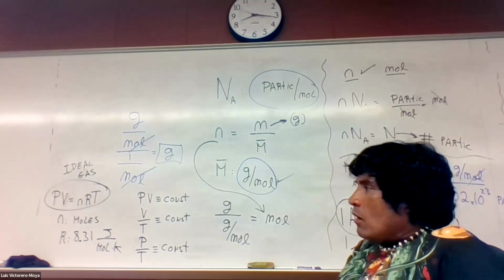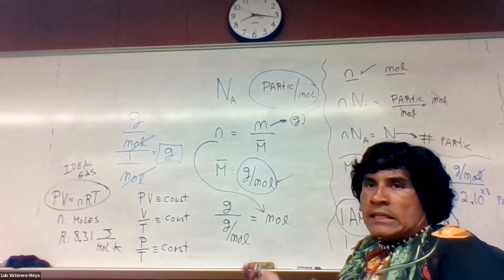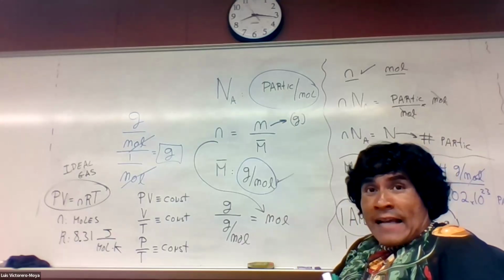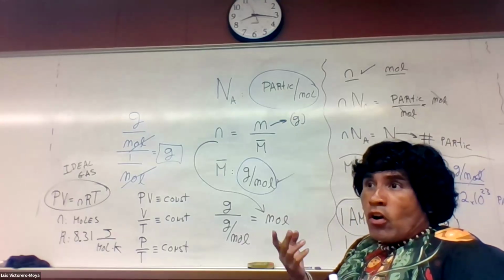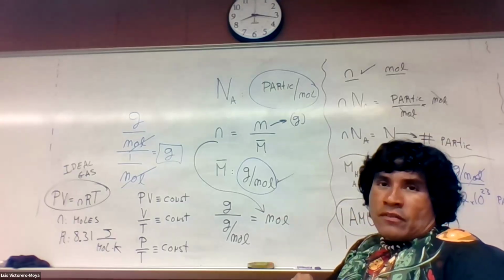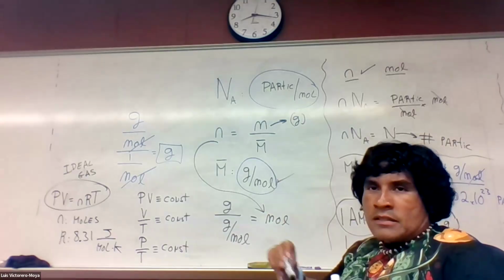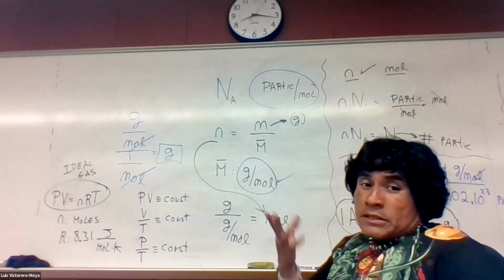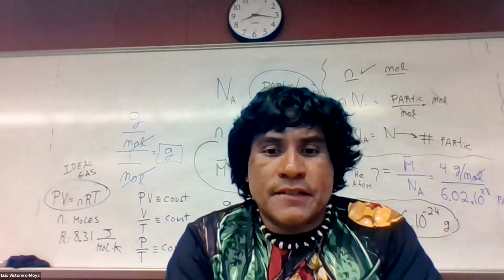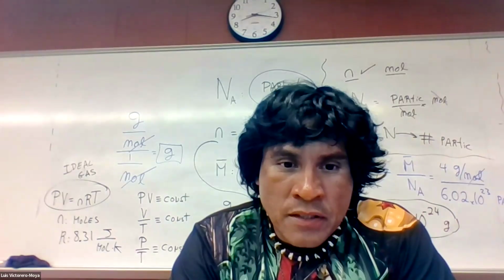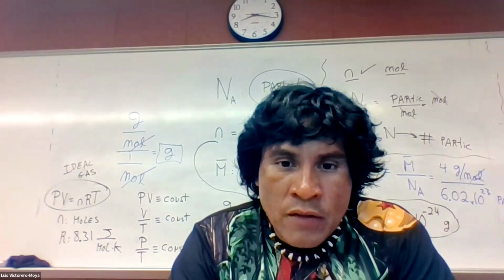P is pressure, V is volume, T is temperature. P has to be measured in pascals, volume in cubic meters, and temperature in kelvins, because of the units of R. So that's the ideal gas law. That equation shouldn't be new. Most of you should have seen it. It's also in the slides.